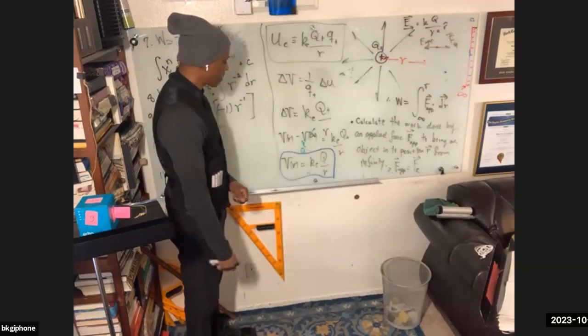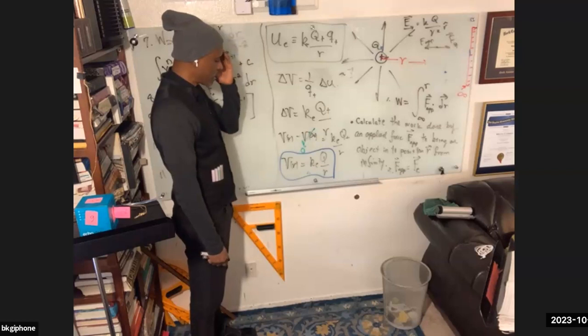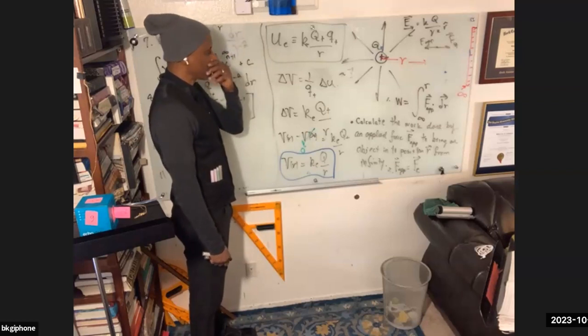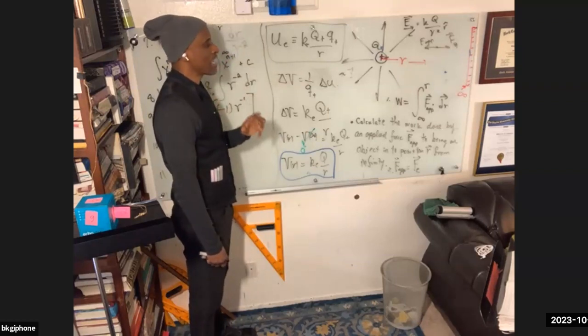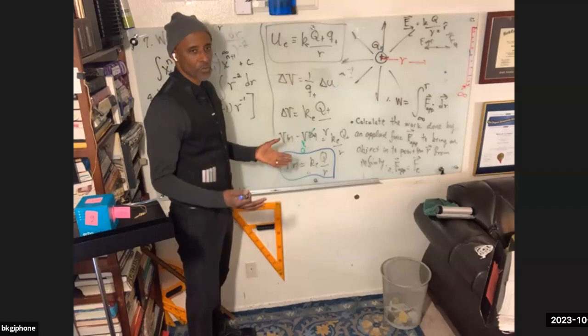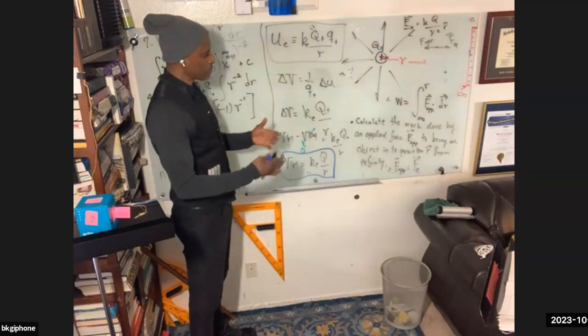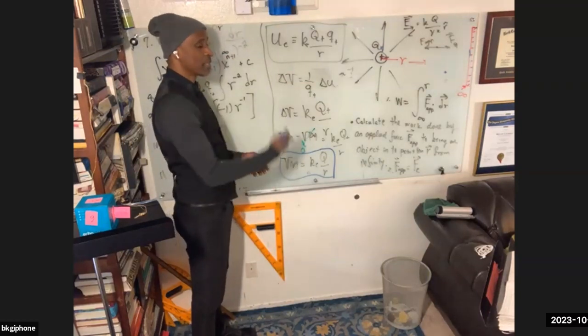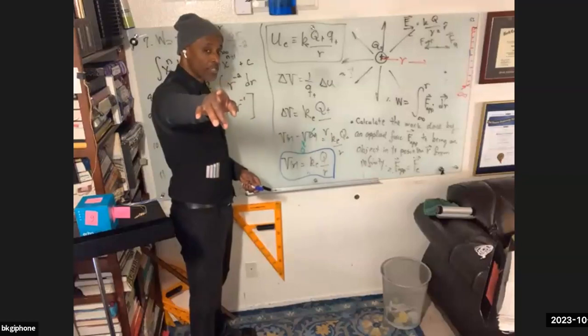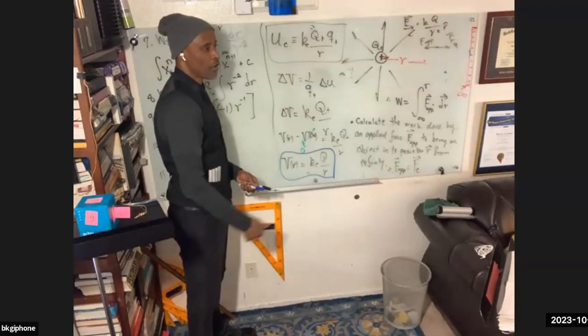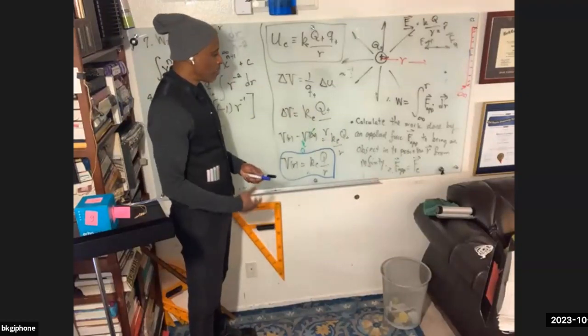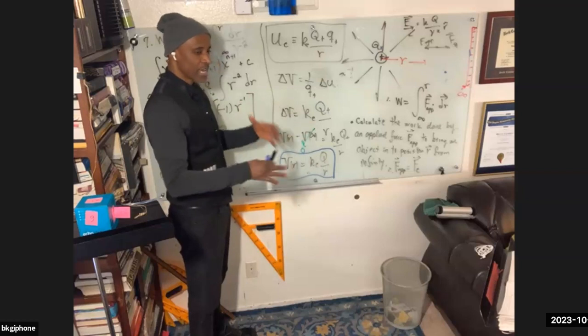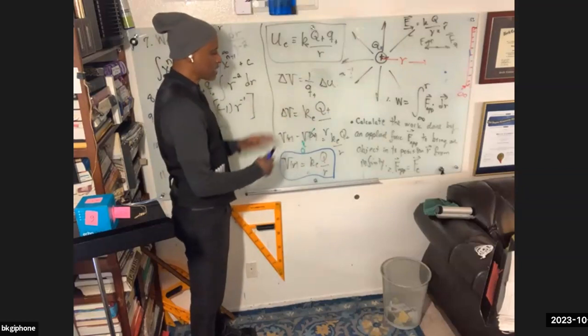I'll start there on Monday, and I'm going to switch back up to section 1, because this is where I like to talk about equipotential surfaces. If you notice in section 1 of the book, they start right off talking about that, which is fine. But I have a certain way that I organize the material, and this is how I do it.